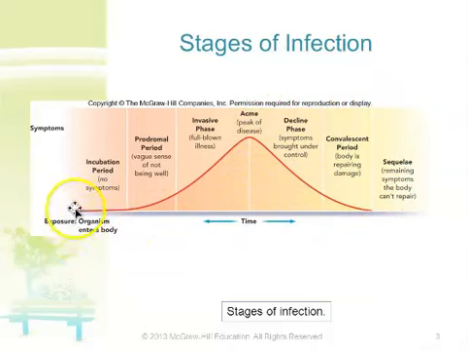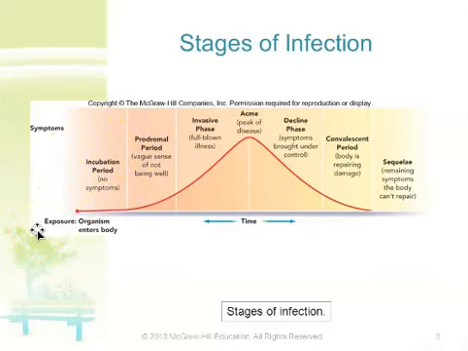So if we start over here on the left, this is the time of exposure. This is the time that the organism, the microbe, is entering the body. And for the first time period here, the person has no symptoms. That's what we refer to as the incubation period. Remember, there's a difference between exposure and infection.